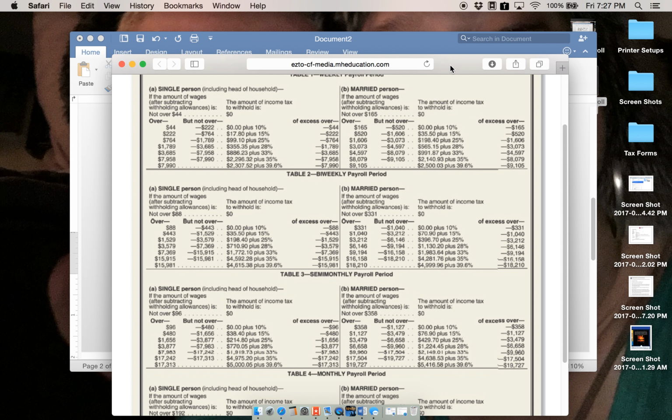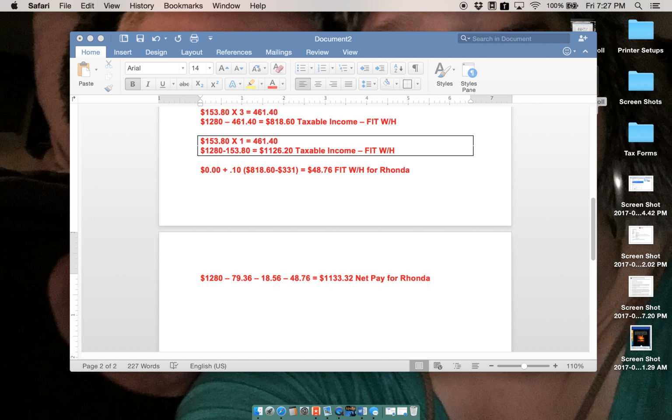So I'm going to go ahead and pull this over to the other screen so I can write the formula out as a math formula. Okay. So it is 70.90 plus 15% of the excess. So we're going to take this taxable income, 1,126.20, of the excess over 1,040.